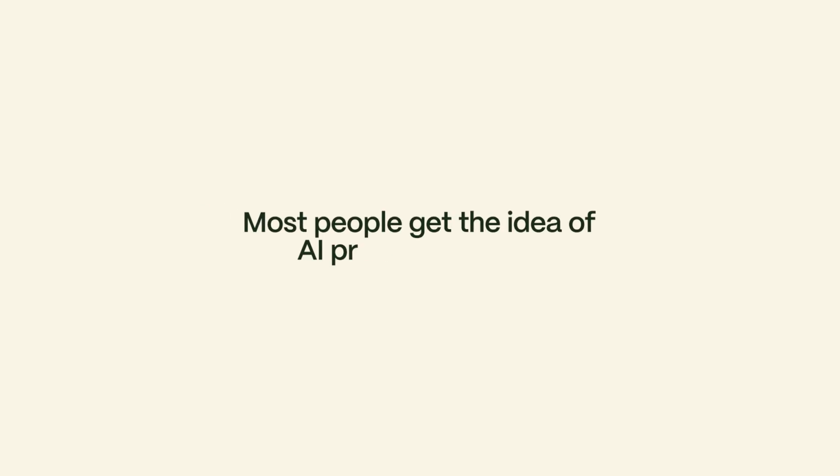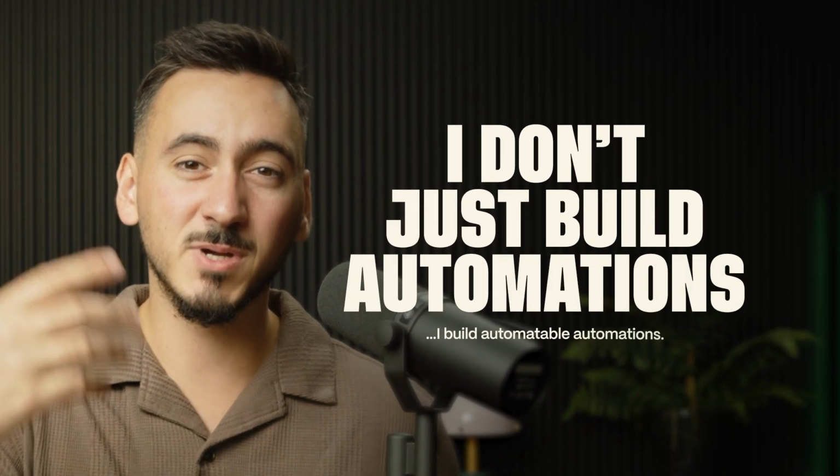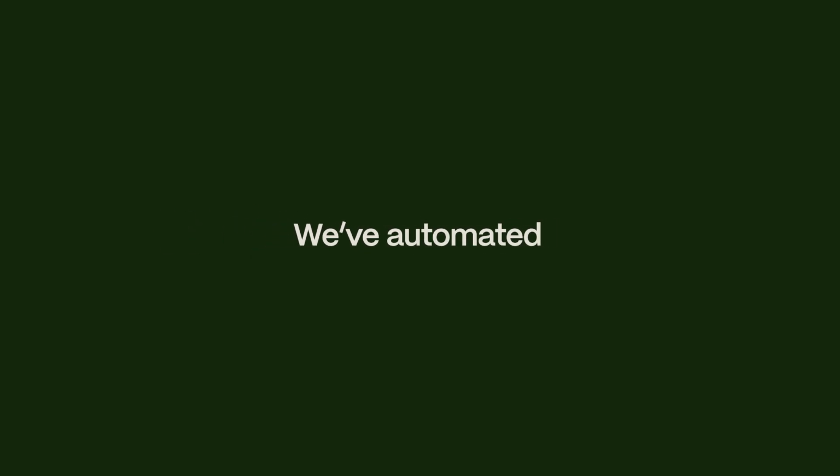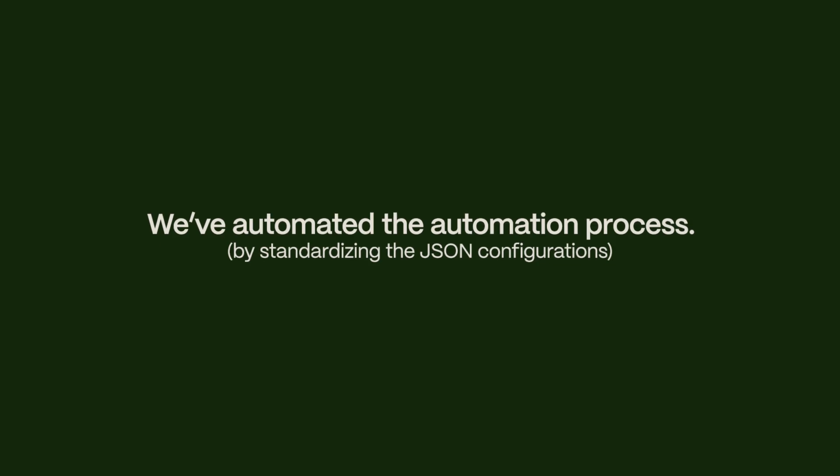Here's the thing though, most people get the idea of AI products wrong. They build one-off solutions that require weeks of custom development for each client. My process is completely different. I don't just build automations, I build automatable automations. When we deliver this to a new client, we don't rebuild everything from scratch. We've automated the automation process itself by standardizing the JSON configurations.